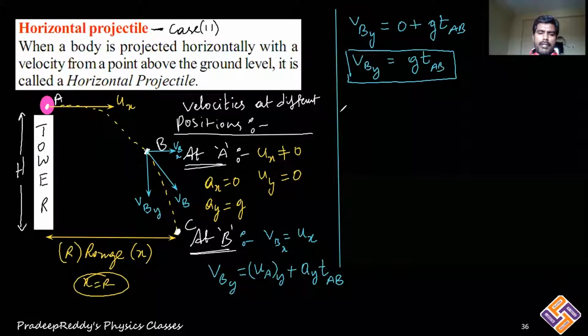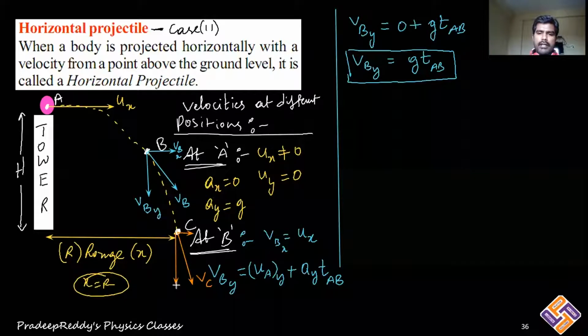Okay. Now coming to position C. Let me take position C here. At position C, this is velocity, and I will be denoting it with Vc. And even at position C also, we have two components, one component along x-axis and the other component along y-axis.